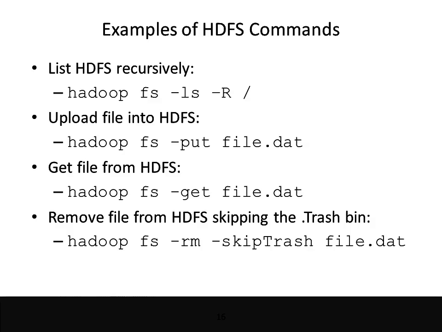So I can upload data to HDFS with a put. I put the file in HDFS. I get it back out again. That's moving it from the file system of the machine that I'm operating on into HDFS, so loading the data. Or I can retrieve data. I can pull the file back out again. And the last example is simply throwing data out.